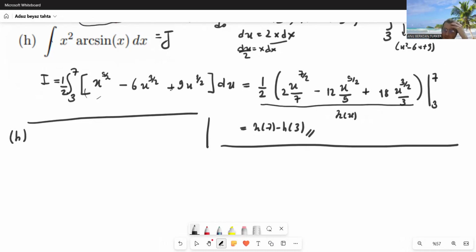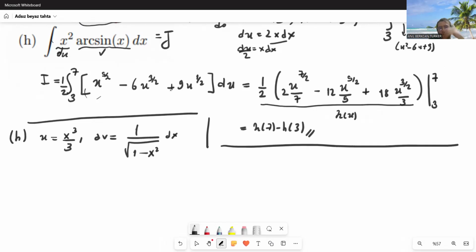So let's make this like the following. Let's call this du and let's call this v. Okay. So what happens? Now u becomes x cubed over 3 and dv becomes 1 over square root of 1 minus x squared. Okay.